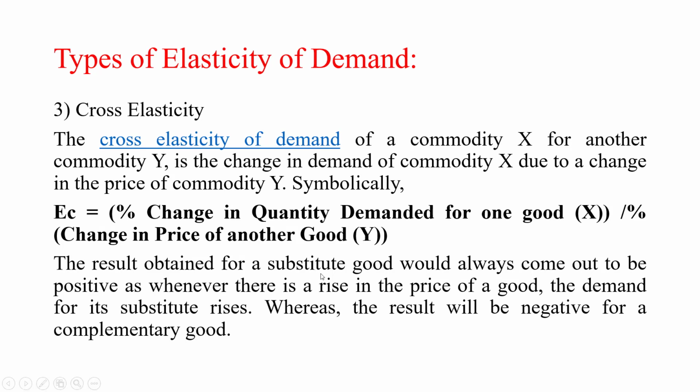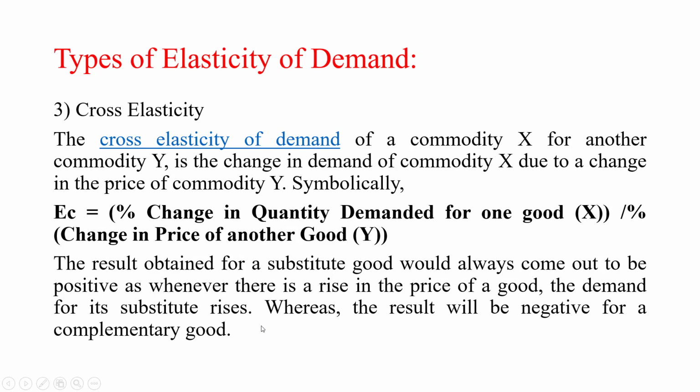If the price of tea is increased, then you will definitely go for coffee, and if coffee's price is increased, you substitute it with tea. So in cross elasticity of demand, for substitute goods it is always positive, and for complementary goods it is always negative.